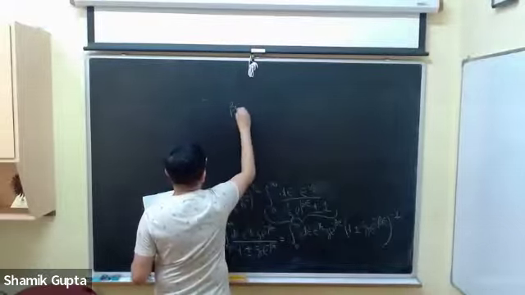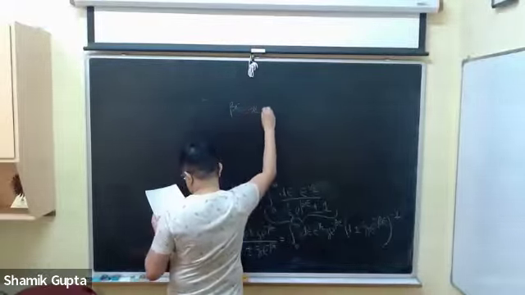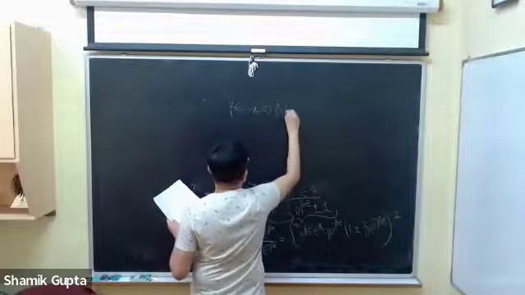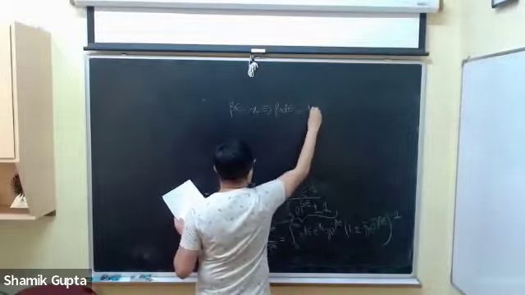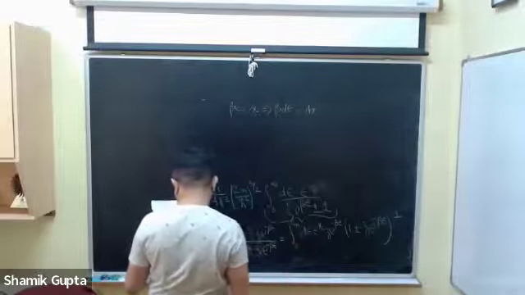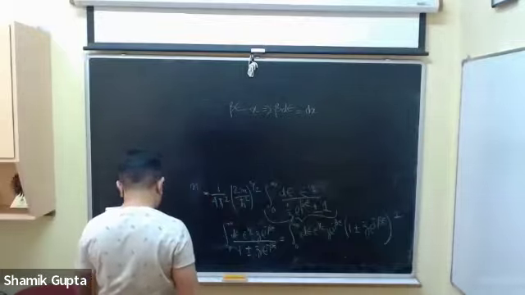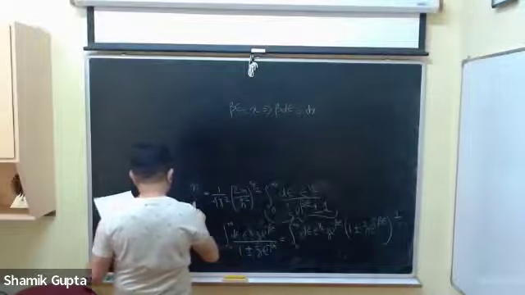I put beta epsilon equal to x, which implies beta d epsilon is equal to dx.